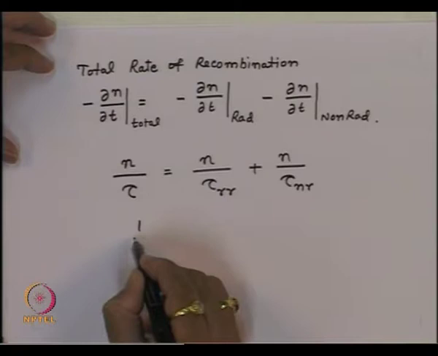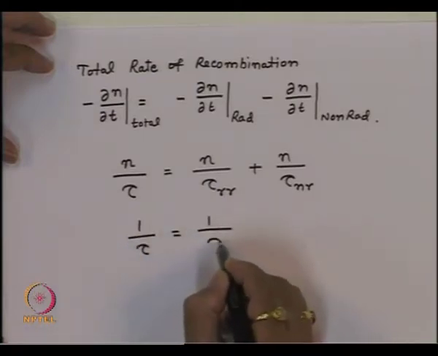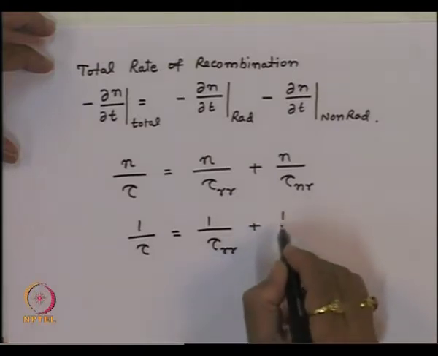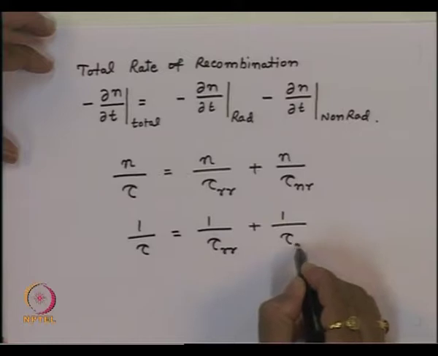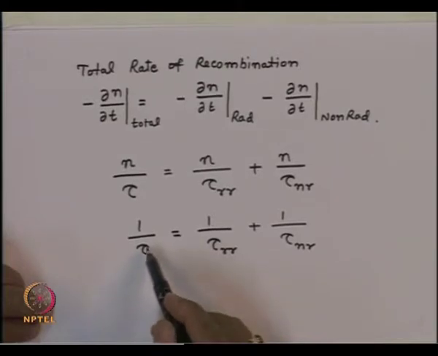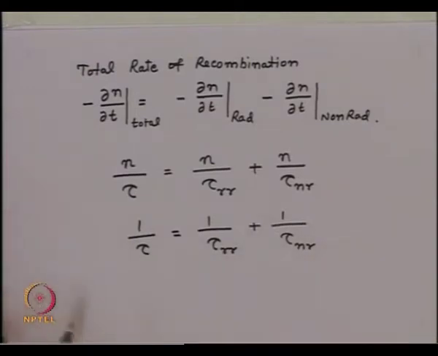So, essentially we get 1 upon tau equal to 1 upon tau RR plus 1 upon tau NR. So, what that means is that the effective lifetime will be decided by the smaller of the two.